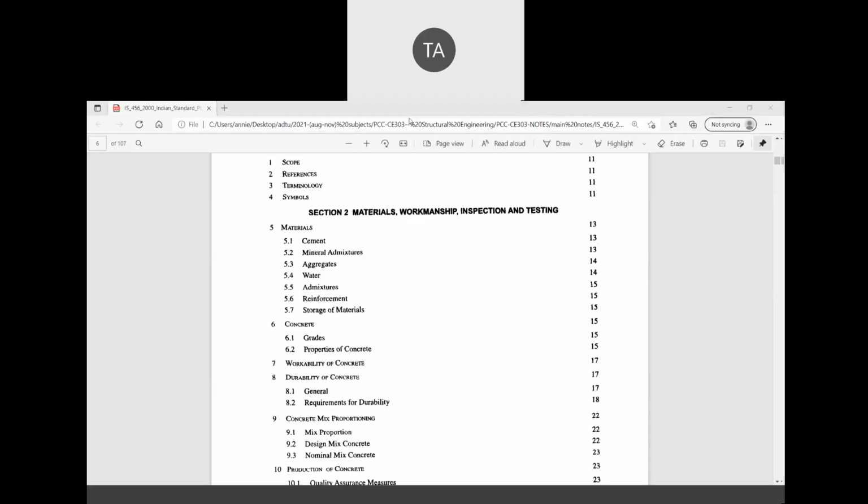My screen is visible. My screen is visible now. Yes, yes.